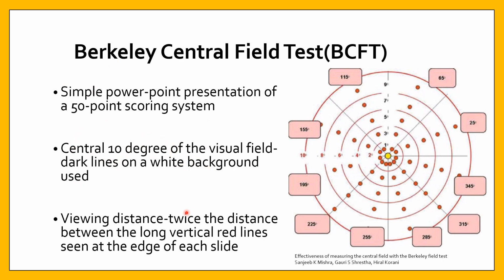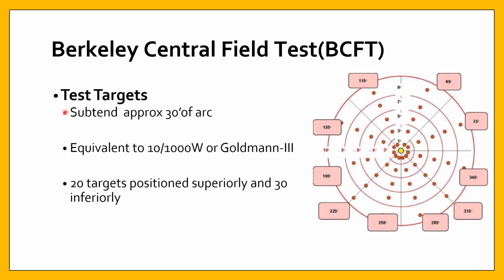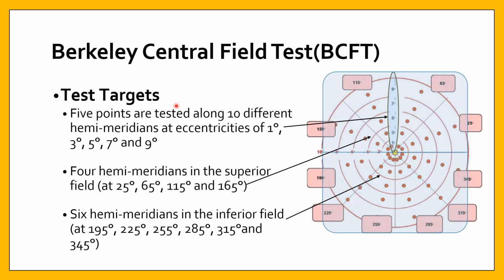The central 10 degrees of the visual field can be assessed by this, using a dark line on a white background, and the viewing distance is twice the distance between the long vertical red lines seen at the edge of each side. The test target subtends approximately 30 minutes of arc, equivalent to the 10 mm to 1000 white stimulus or Goldmann's third, having 20 target positions superiorly and 30 target positions inferiorly. Five points are tested along 10 different hemi-meridians, with 4 hemi-meridians in the superior field and 6 hemi-meridians in the inferior field.